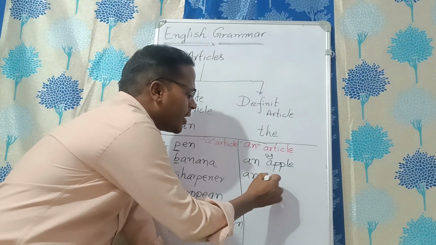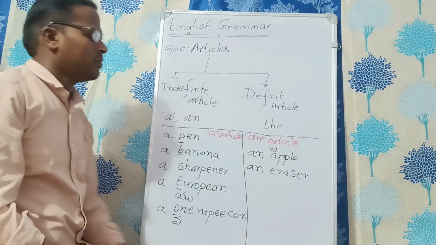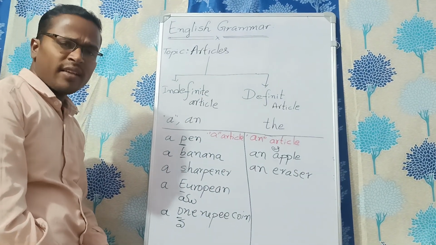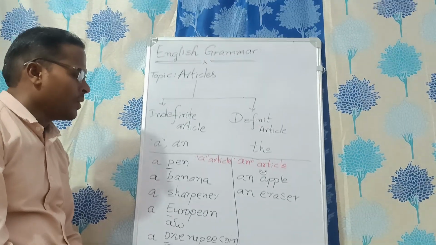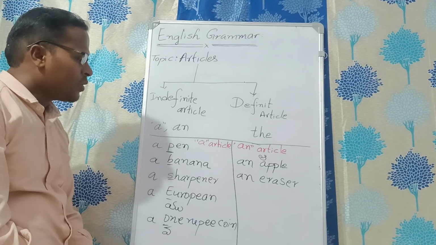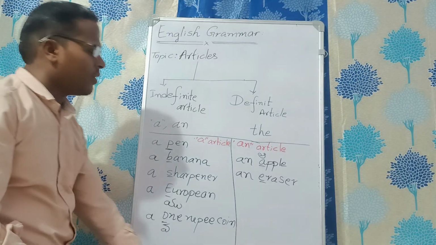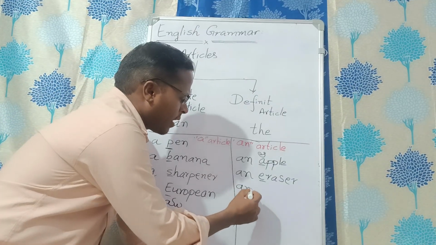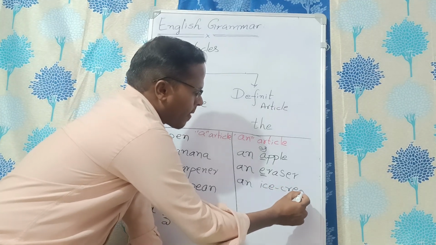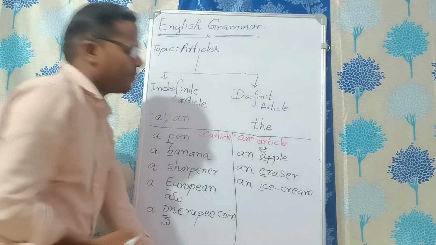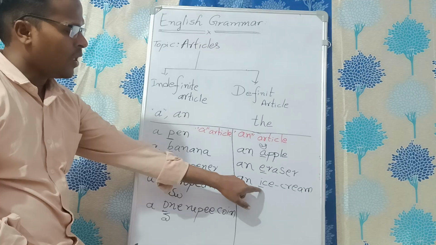And eraser, an eraser, an apple. So you have to observe the beginning sound. An ice cream: it is singular and begins with a vowel sound.